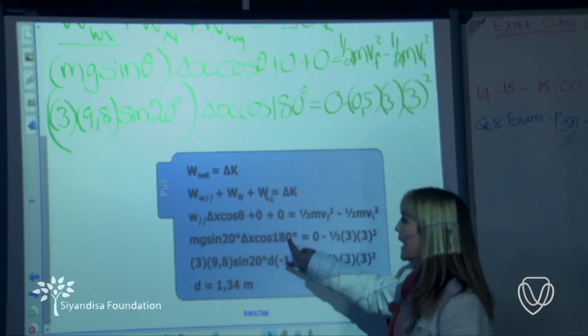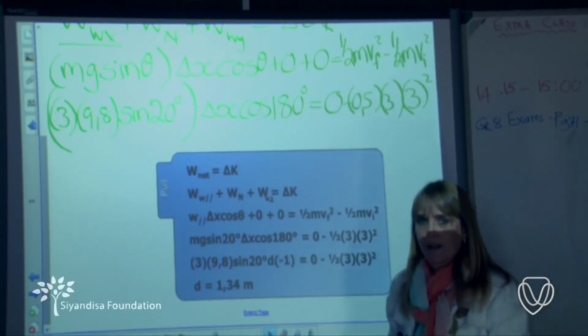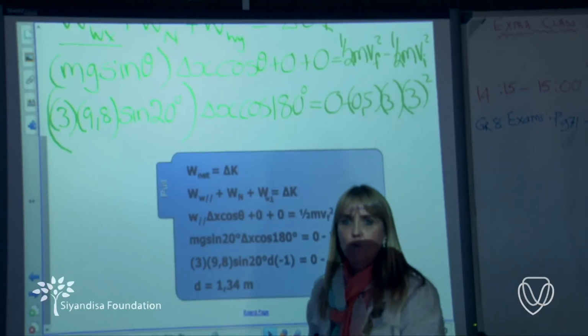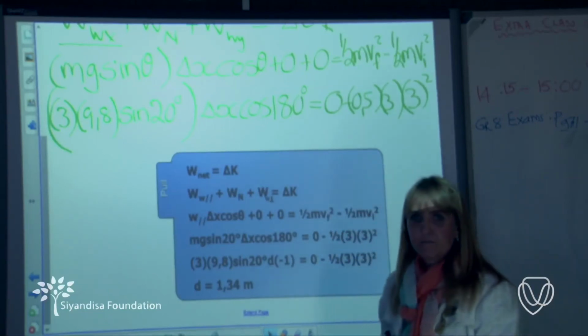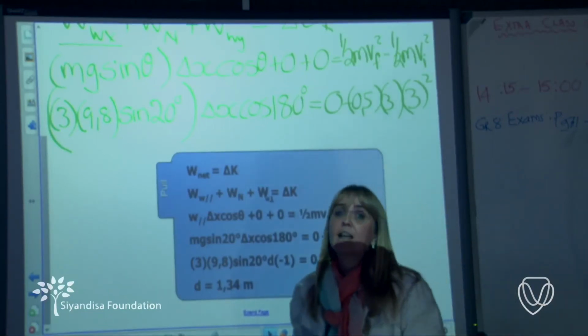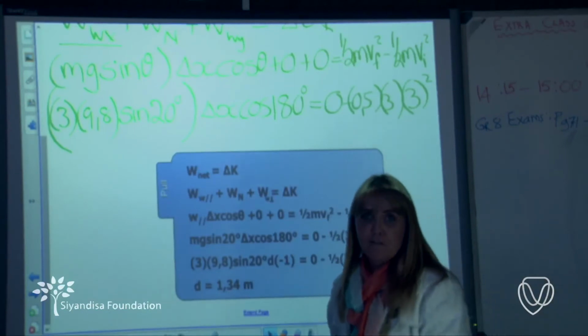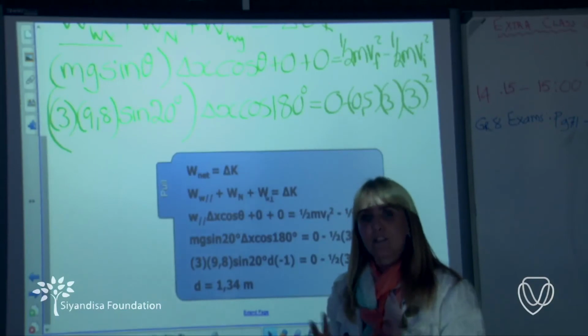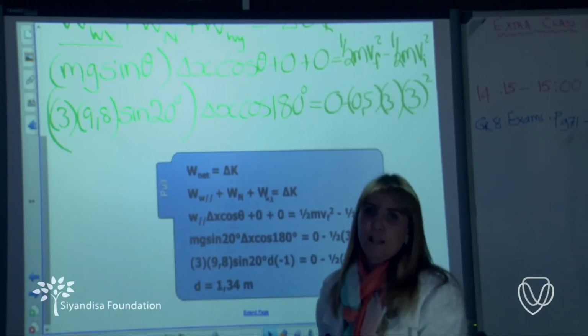Only substitute the 180 when you substitute your other values. Right. So hopefully you all got the answer of 1,34 meters. So as I said, ladies and gentlemen, this question has been around for a while, and it tends to be used as an example because it covers so many different aspects of work, energy, and power.